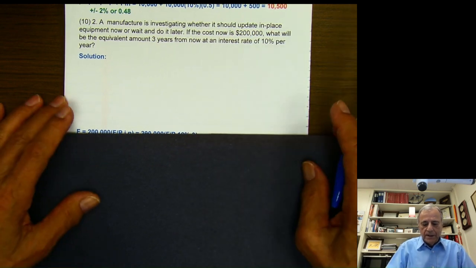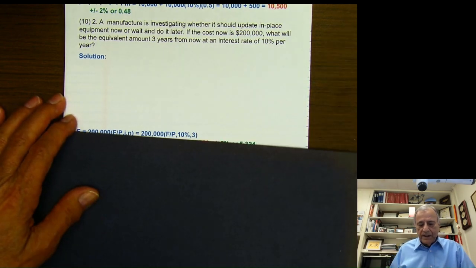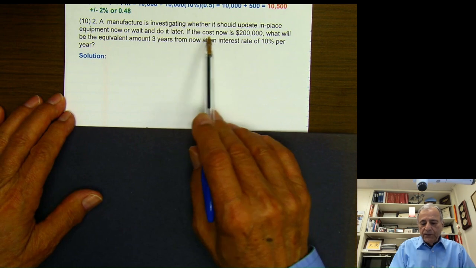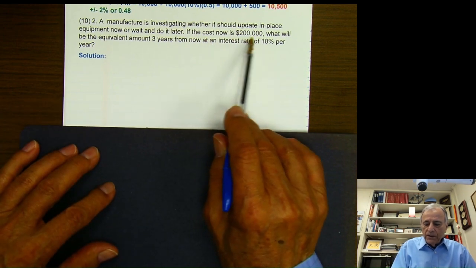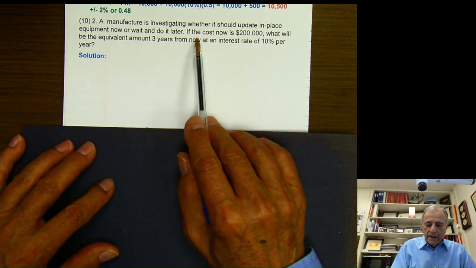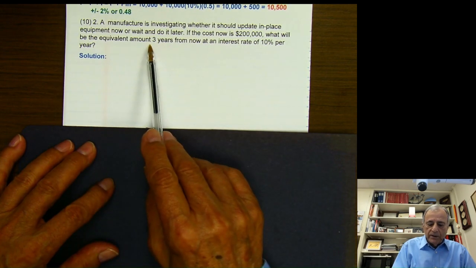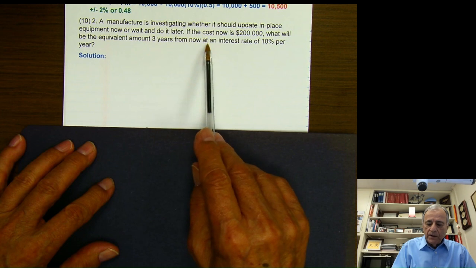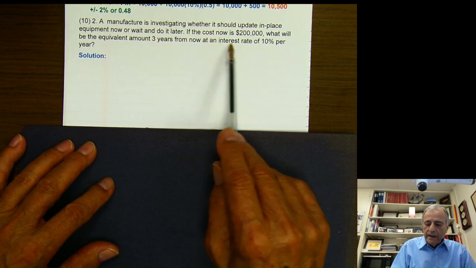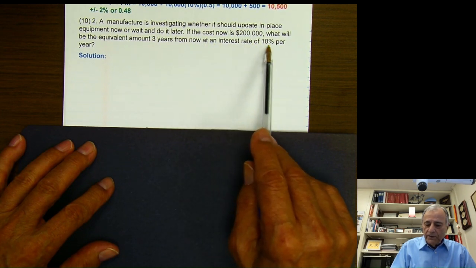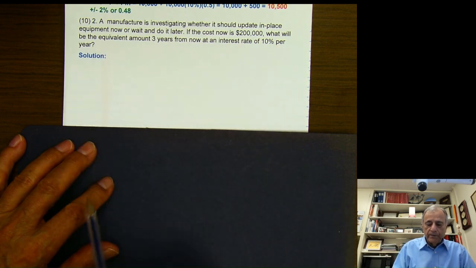So this is whether you spend some money now or you spend it later. If cost is $200,000 now, what will the equivalent amount be 3 years from now at an interest rate of 10% per year?